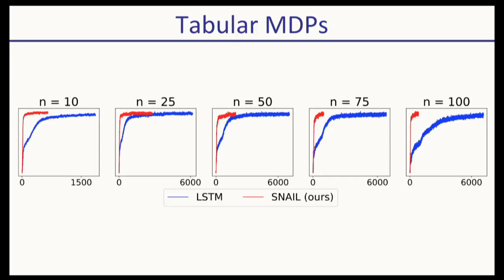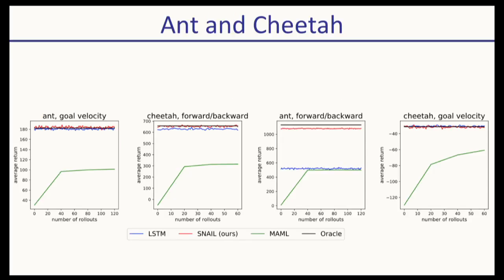Here are some of the learning curves that also indicate this. It's not just that SNAIL gets to a better level, it also just pulls in the signal more quickly, is the red curve, than if you use an LSTM. Here's the ant and cheetah. We're comparing the LSTM, which is RL squared, with SNAIL, the simple neural attentive learner, which is red, and then MAML in green, and then the oracle, which is a policy trained for the exact task you're trying to solve, fully trained.